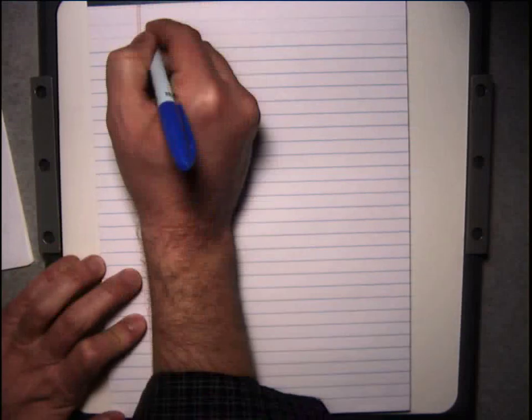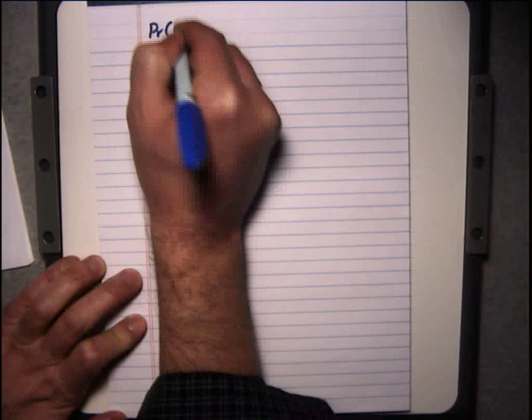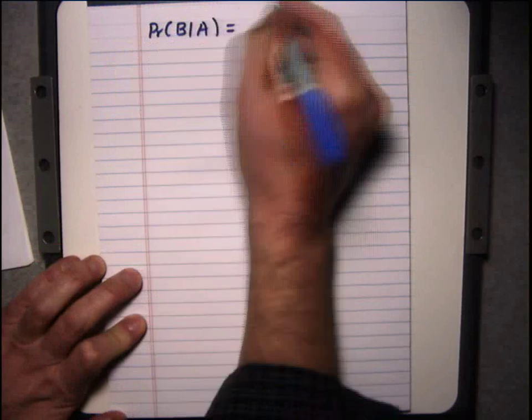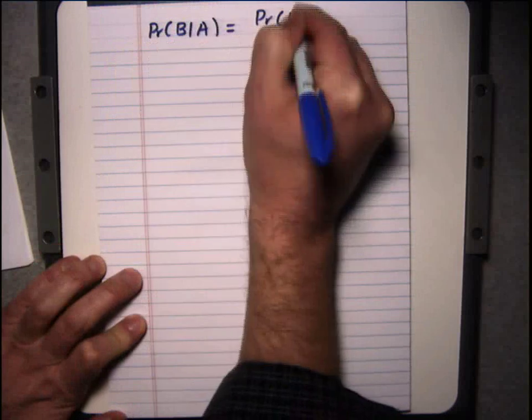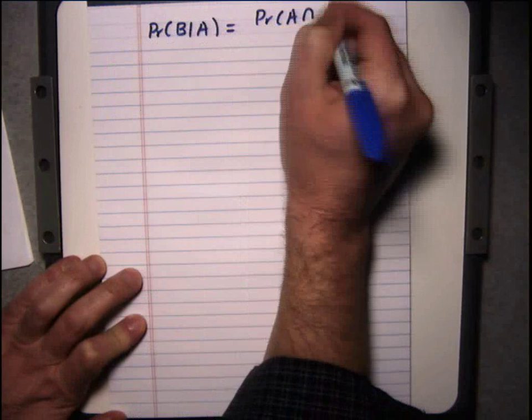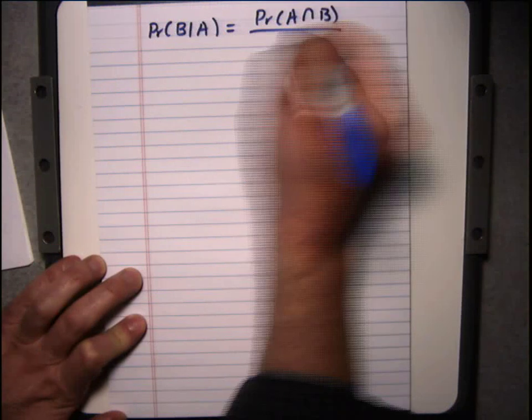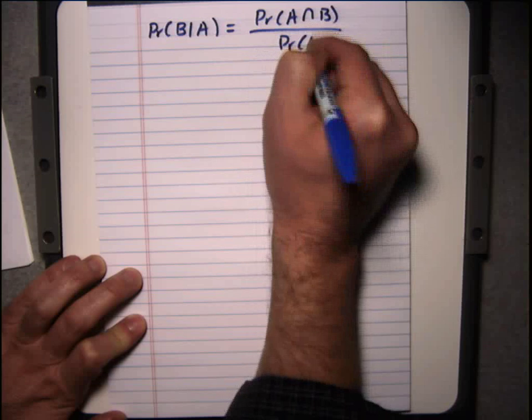And that would be the probability of B given A. And this would be the probability of A given B. This time normalized by the probability of A.